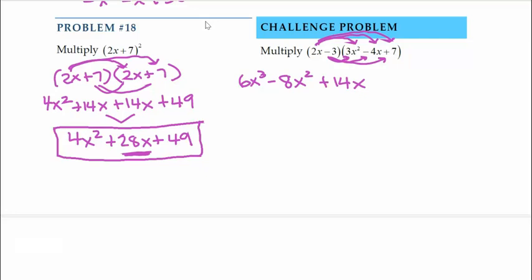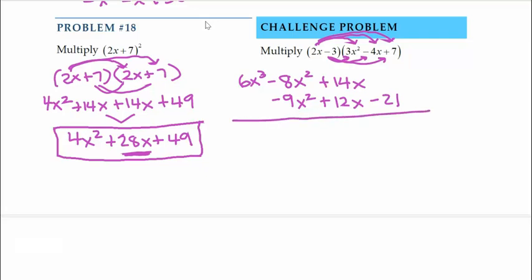So when I do this negative 3 times 3x squared, that's going to give me negative 9x squared, right? So I'm lining up those x squared terms. Then negative 3 times negative 4x is positive 12x, because a negative times a negative gives me that positive. And then negative 3 times 7 gives me negative 21.